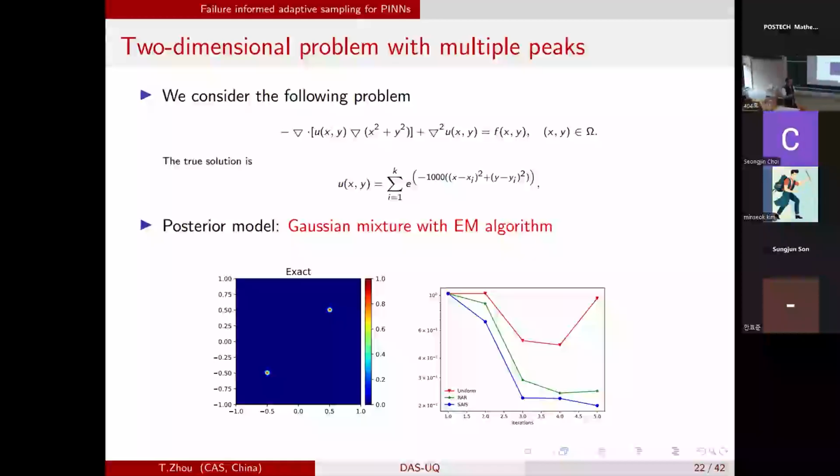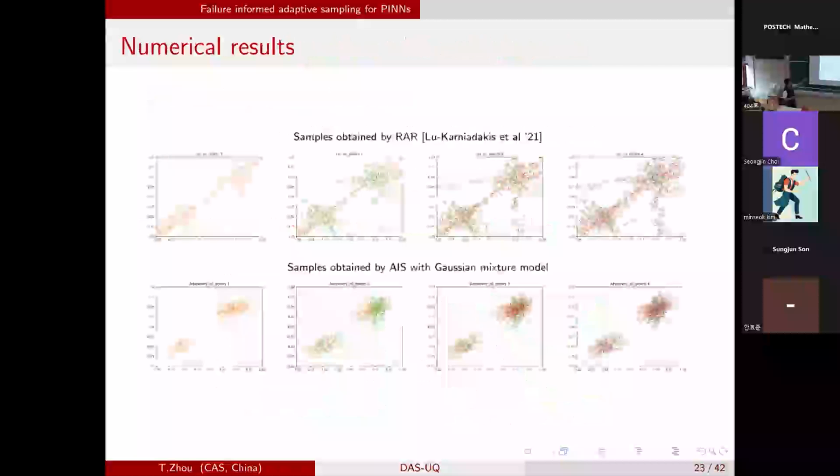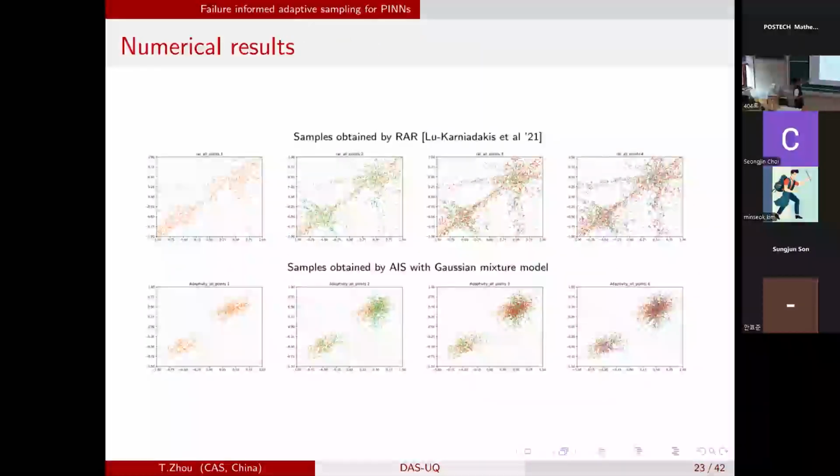You can't compute an accurate solution, so the residual is something like two peaks. This can be modeled by a Gaussian mixture. If you consider a Gaussian mixture in each iteration, this will be much more efficient than the above RAR.